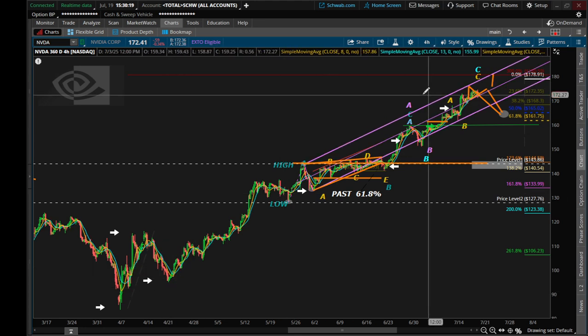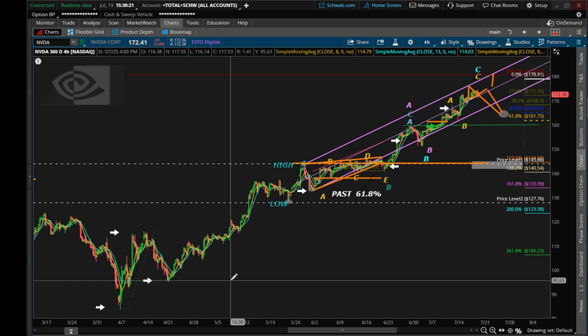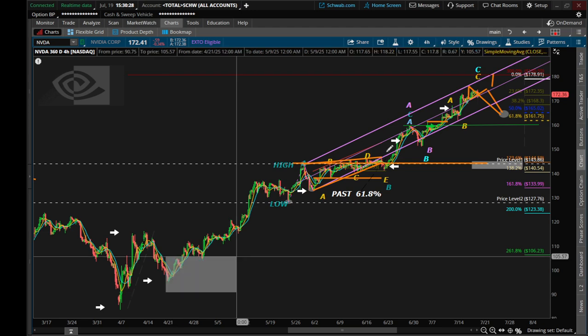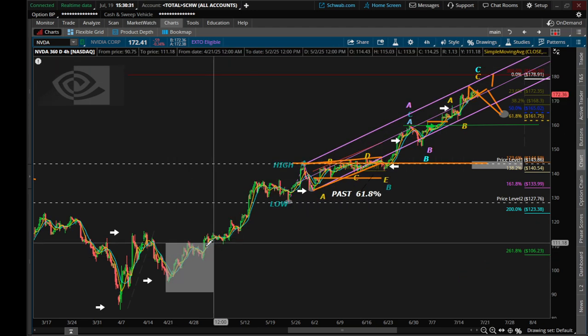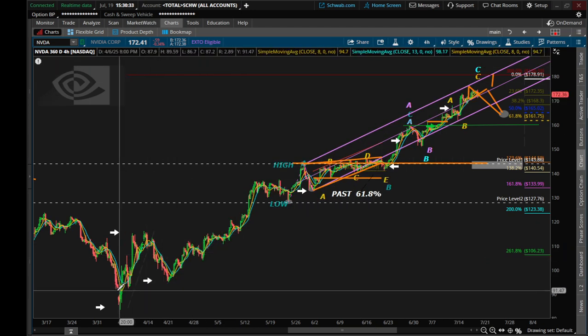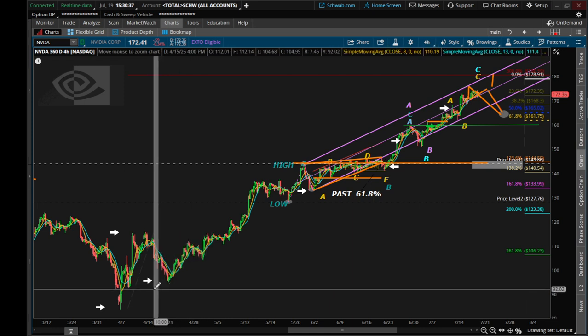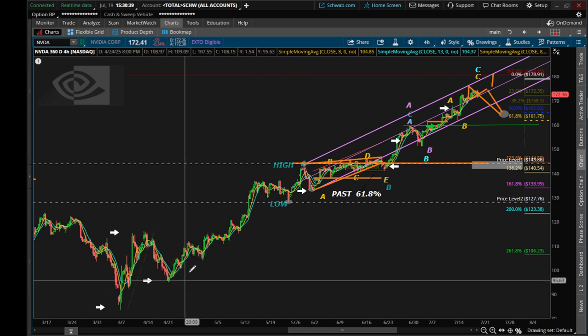To help us along the way when counting waves, the best thing to do is count on the smallest time frame possible. So for the next move up, we're going to skip the big move and start counting the internals. I've already done this.